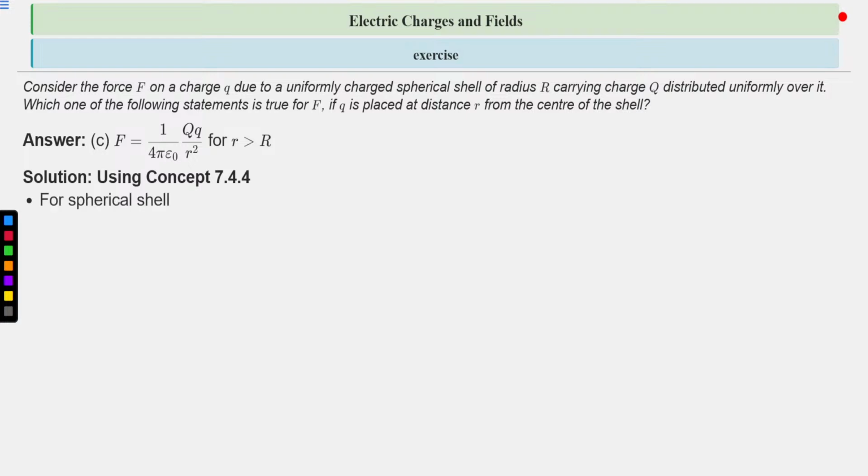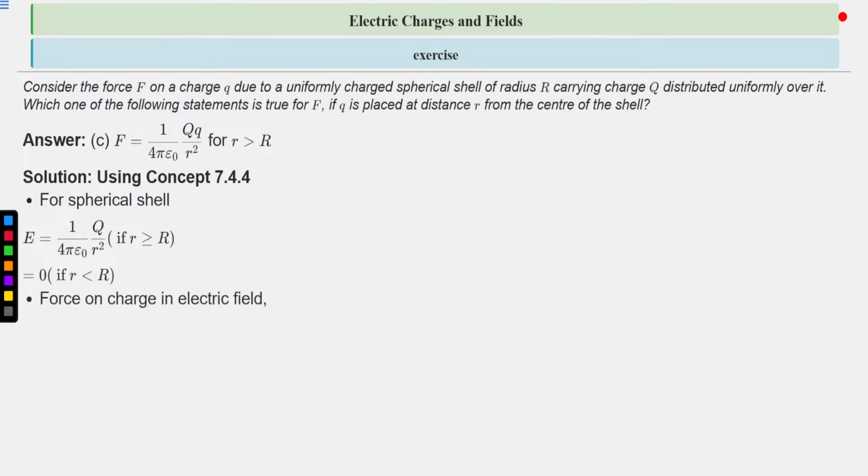For a spherical shell, the electric field is 1 by 4 pi epsilon naught Q by r square if r is equal to or greater than R. This is the value of the electric field for a point at the surface of the shell or outside the shell. And the electric field is 0 for a point inside the spherical shell, which I have already mentioned.